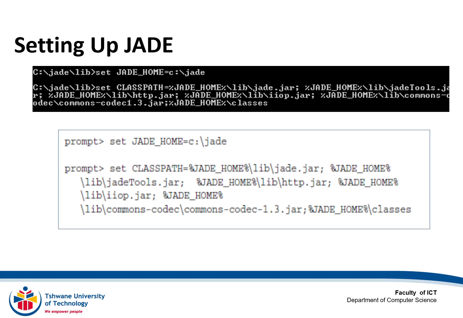What you need to set up is your Jade.home as well as the classpath. Those are the basic ones that you need to set up. And you'll notice that on the classpath, you have pointed to the jade.jar, the jadeTools.jar, the http.jar, iiop.jar, etc., and the common codecs.